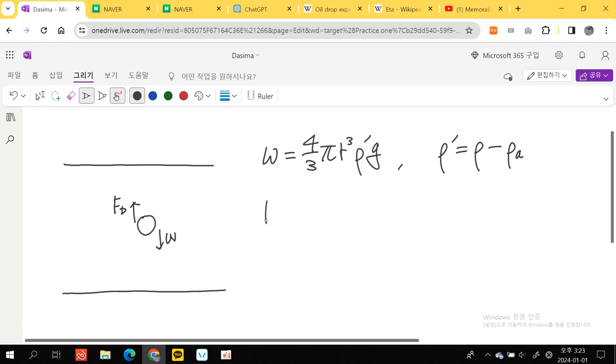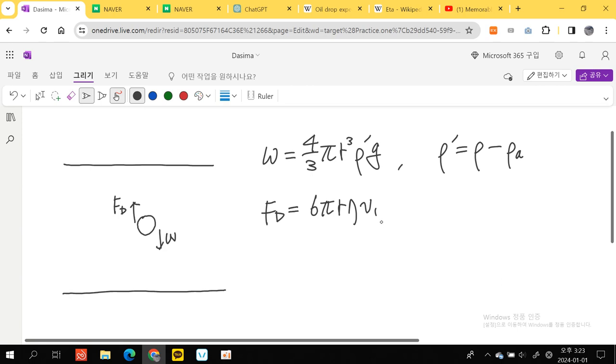And the drag force is 6 pi times the radius, the Greek letter eta, and the first terminal velocity. The Greek letter eta is for the viscosity of the oil.